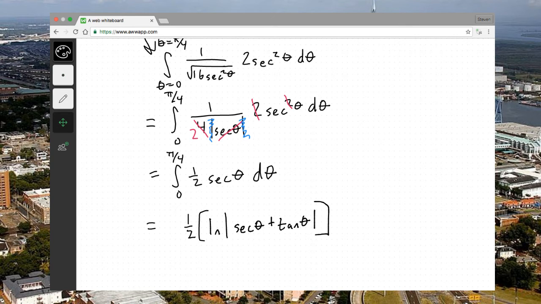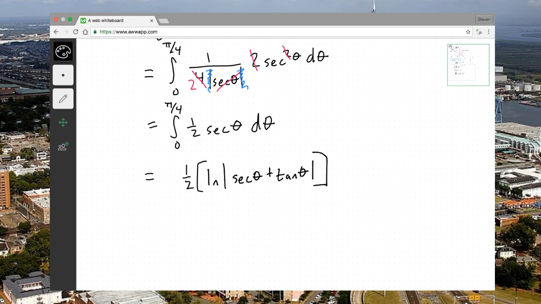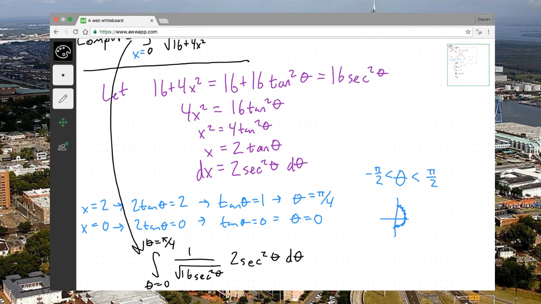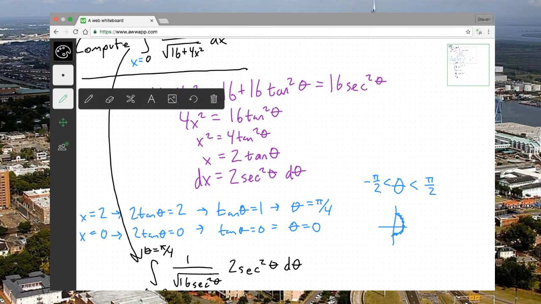Now, suppose for a moment we wanted to turn this back into the original variables. Now we don't, because of the fact that we changed our bounds from 0 to pi over 4. But if we wanted to, we could. This would be the same thing as 1/2 natural log secant of theta plus tangent of theta. How do we figure out what secant of theta is? Well, just take a look up here.